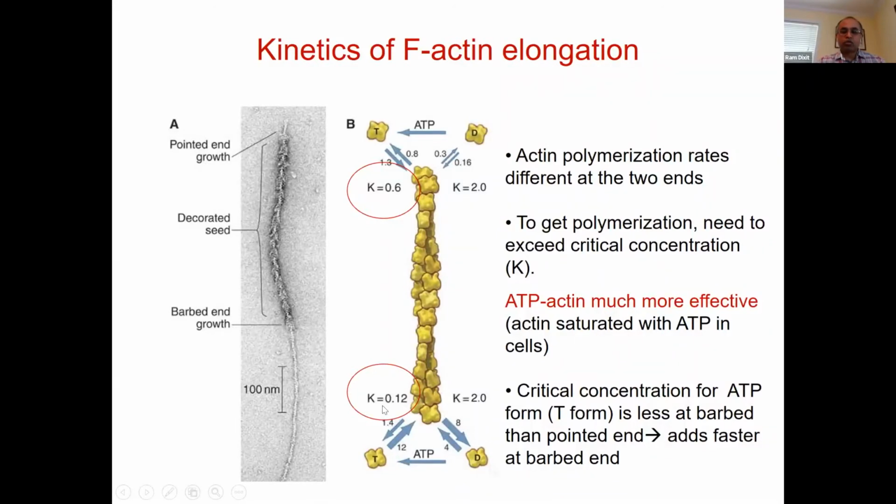That's the one that I've circled here compared to the pointed end, okay? And so the actin subunits bind more effectively, add on more effectively at the barbed end compared to the pointed end. It turns out that the actin subunits like to polymerize primarily when they're in the ATP state. Okay, that's a detail that we don't really have to worry too much about for today.